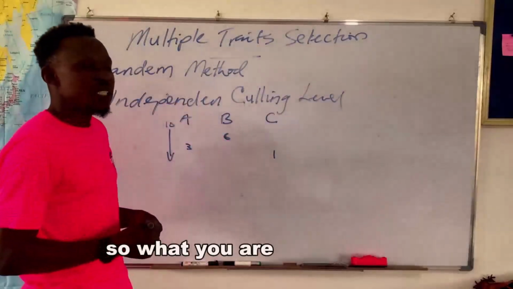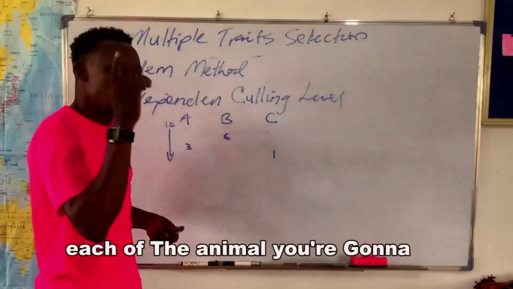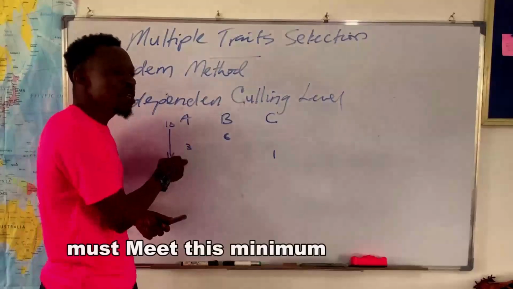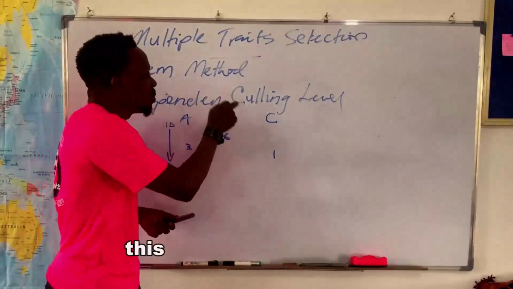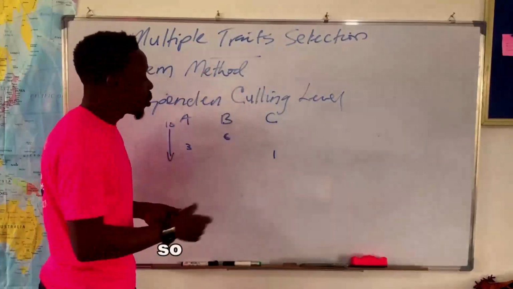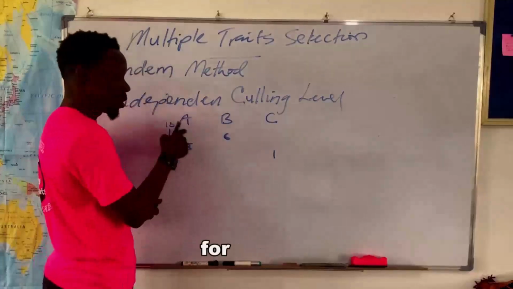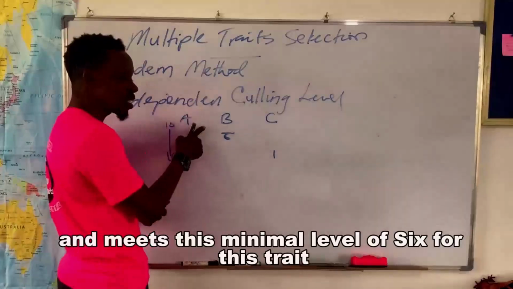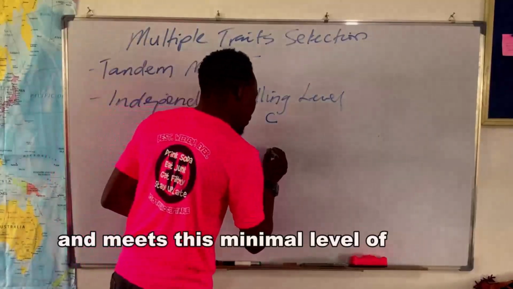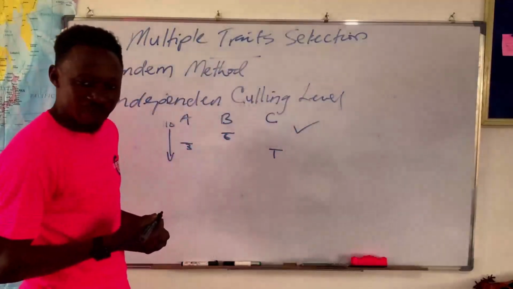So what you are saying is that each of the animals you are going to pick must meet this minimum requirement, this minimum threshold, this minimum culling level. So if an animal meets this level of 3 for this trait, and meets this minimum level of 6 for this trait, and meets this minimum level of 1 for this trait, that animal is picked, is selected.